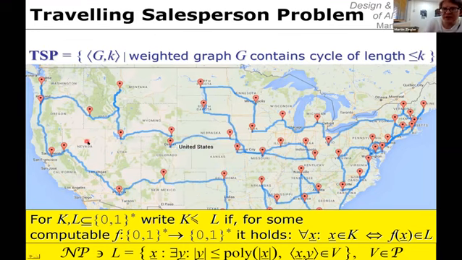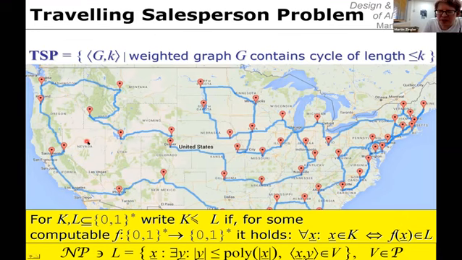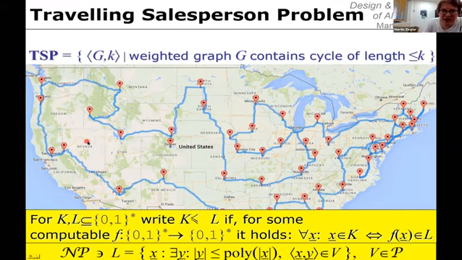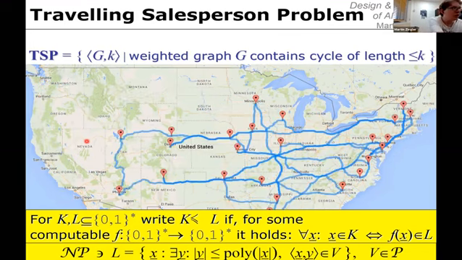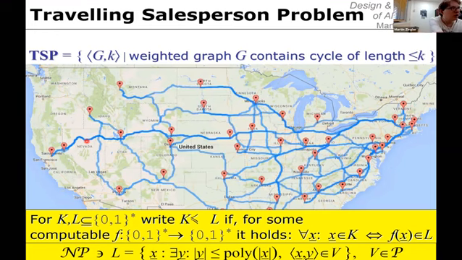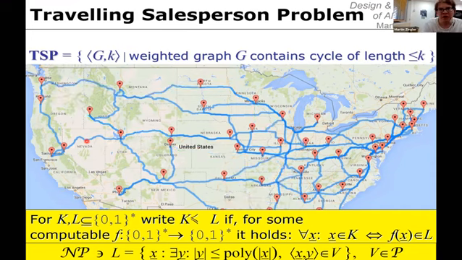Here's a formalization of the traveling salesperson problem as encodings of pairs, graph and integer. In this setting, the graph can be weighted, which means it can have some edge weights. So not all edges are created equal, but some are longer, some are more expensive, and some are cheaper.